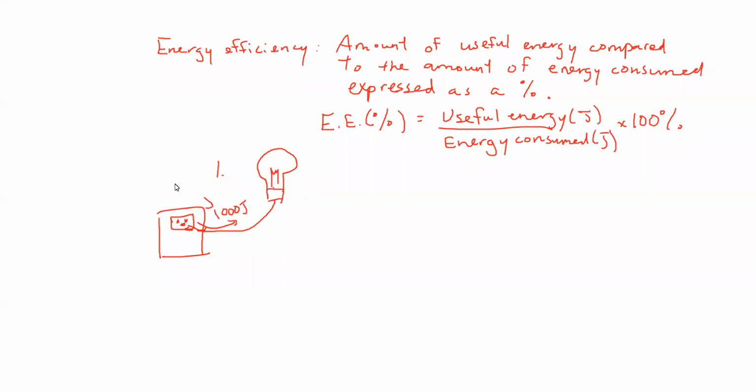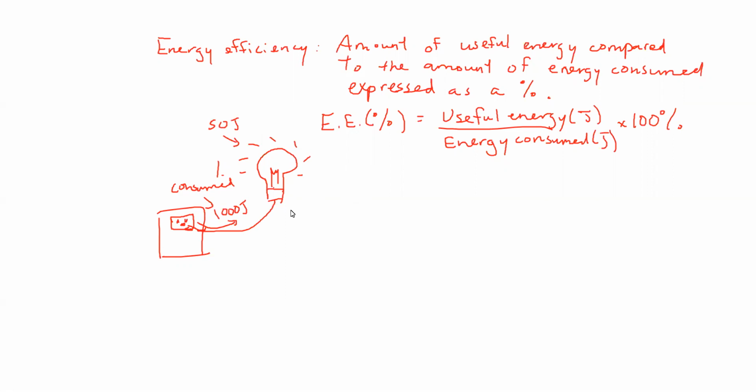This is the amount that's consumed, because this is the amount that the light bulb ends up taking from the outlet. But what's actually released as light, which is what's useful, is only 50 joules of it.